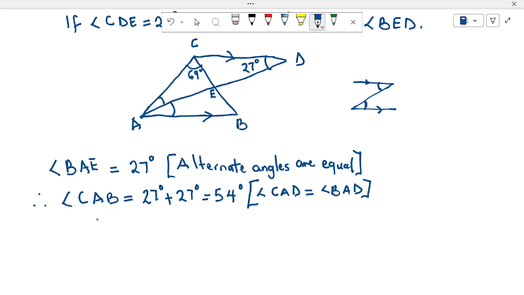Okay, moving forward, if we know that, then we know our angle CBA. Can somebody show me angle CBA?